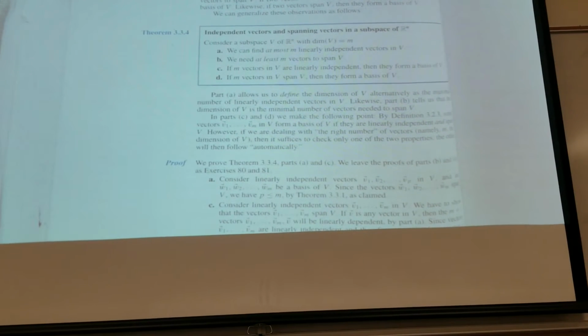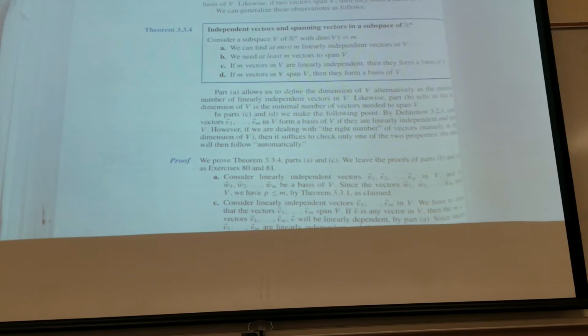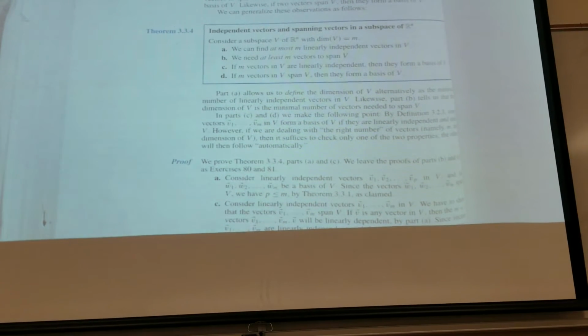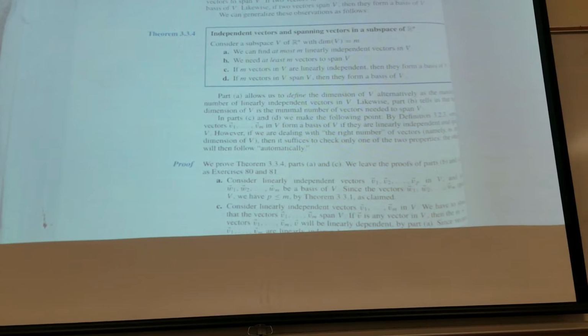So you give me a V, a subspace of Rn. Then we have, say, a number of independent vectors. So we have some vectors and we know they are linearly independent. So can we have some information about the number of these linearly independent vectors?